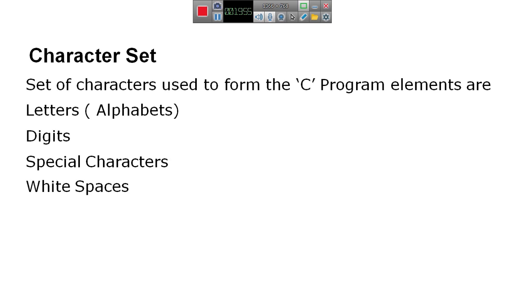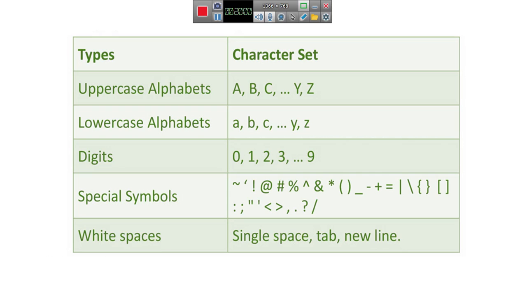A character set includes letters, digits, special characters, and white spaces. This is the list.